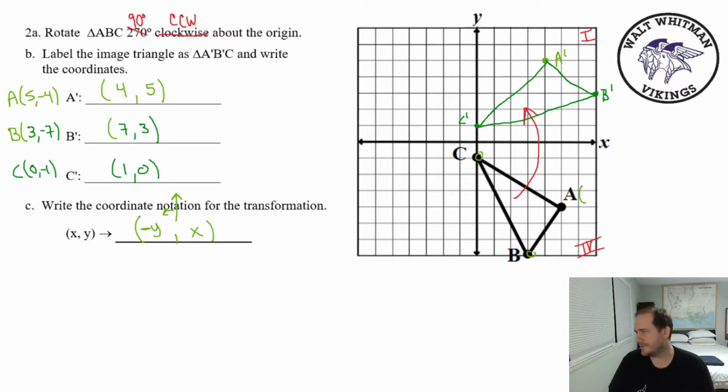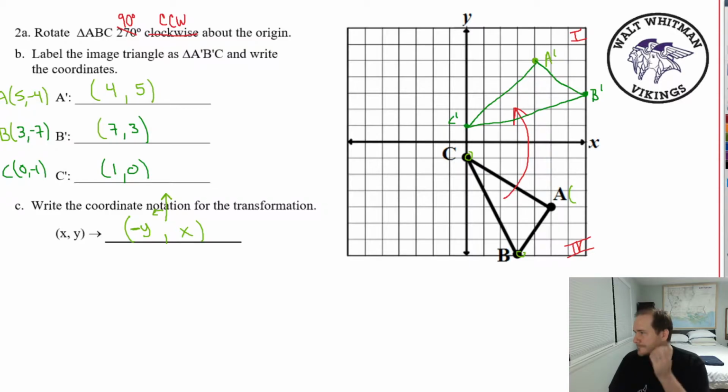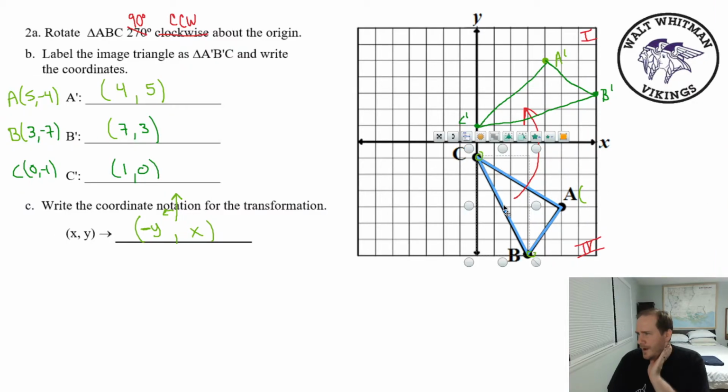Again, if you needed proof, I could prove it. I can prove it by drawing a little copy of this triangle. And they're not going to be stuck together, so let me stick them together.